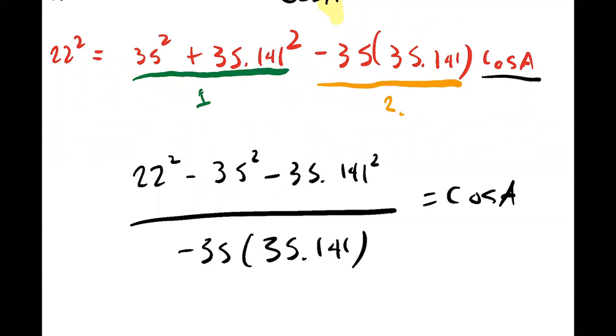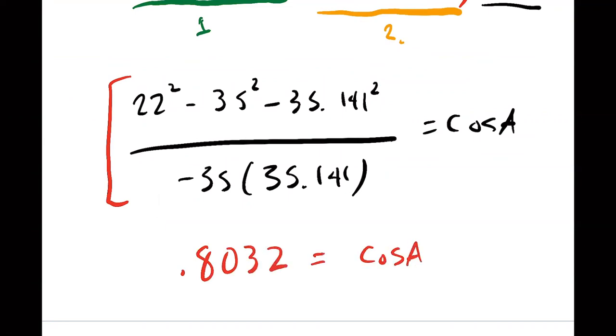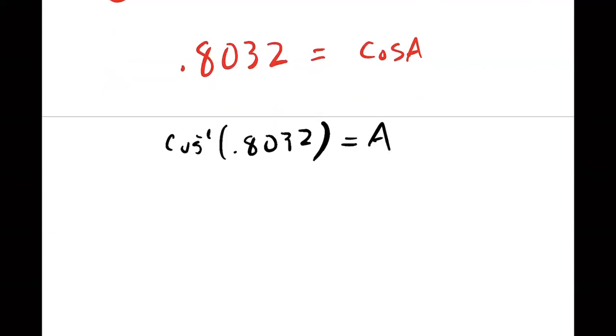And so if you simplify the left-hand side of this equation down, you should get that this is 0.8032 is equal to cosine of A. And so taking the inverse of both sides, we'll get cosine inverse of 0.8032 is equal to A. And this is about equal to 36.55.